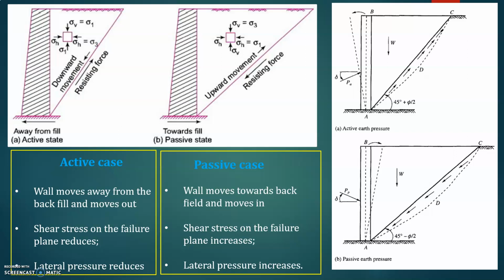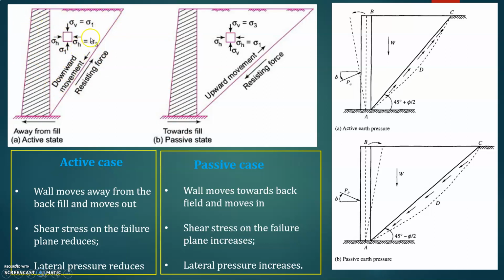Here during the active state, the wall moves away from the backfill and a certain portion of the backfill located immediately behind the wall breaks away from the rest of the soil mass. So this forms a wedge shaped portion.